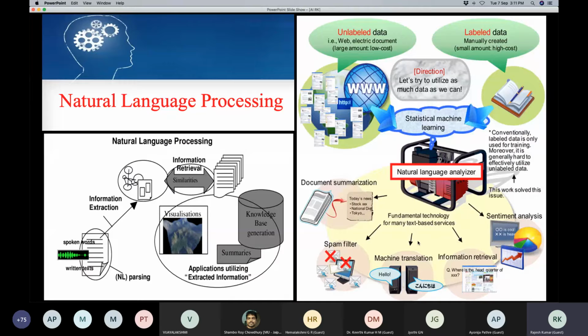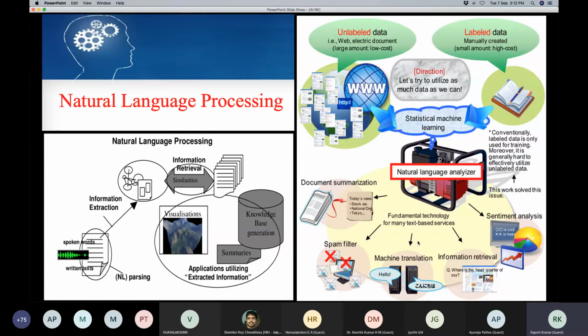NLP, on the right side you see the applications. These applications we are already doing. We have unlabeled data in various forms, which I told you is cheap or low cost. We have labeled data, which is costly. We pass this data to statistical machine learning approaches or simple machine learning approaches for many things, like document summarization. You just send many things there and it will be summarized by your computing system in a very nice way.